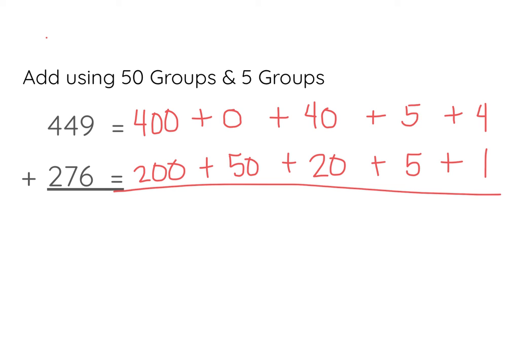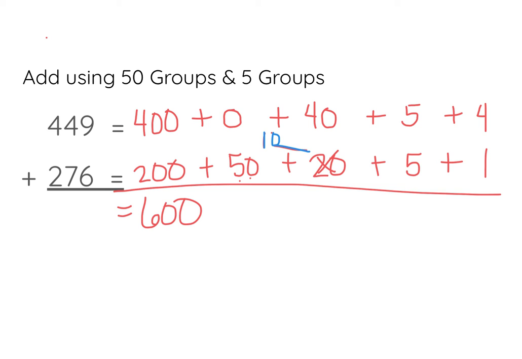So 400 plus 200 equals 600. Oh, I don't have another 50 to line up. Notice I'm not saying, woohoo, I found a 50. So I'm going to look over in my leftovers and say, oh, look, if I break out a 10, I'll do it in blue so you can see it.